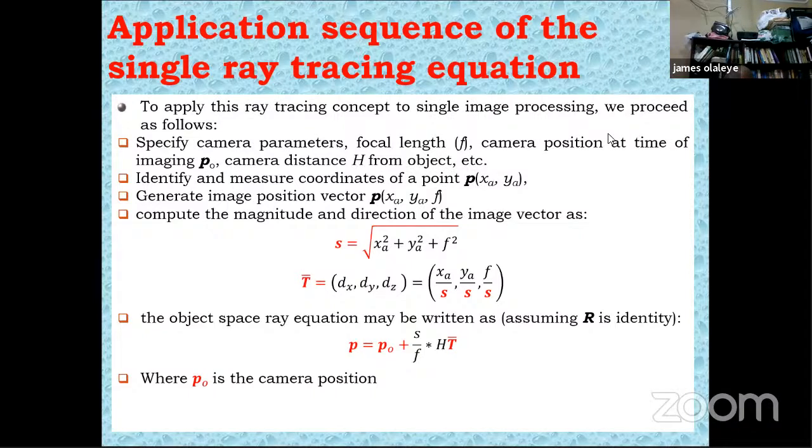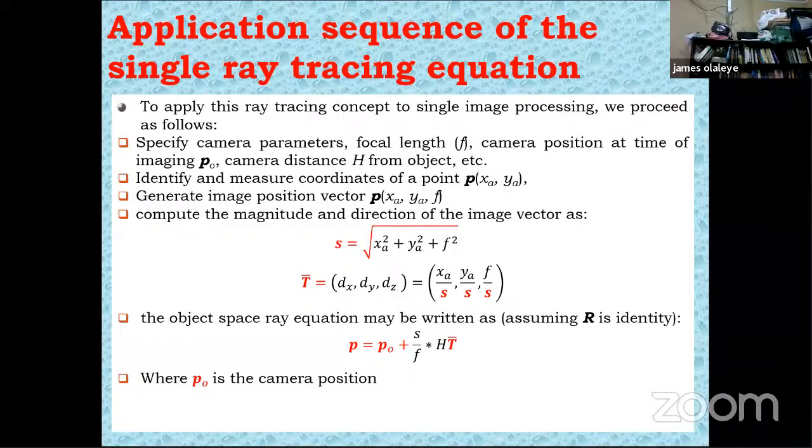Then provide the camera position at the time of imaging, which is designated as P0, okay? And then the camera distance h from the object. When you want to picture an object, you have to position yourself in front of that object and then sight the camera to that object.